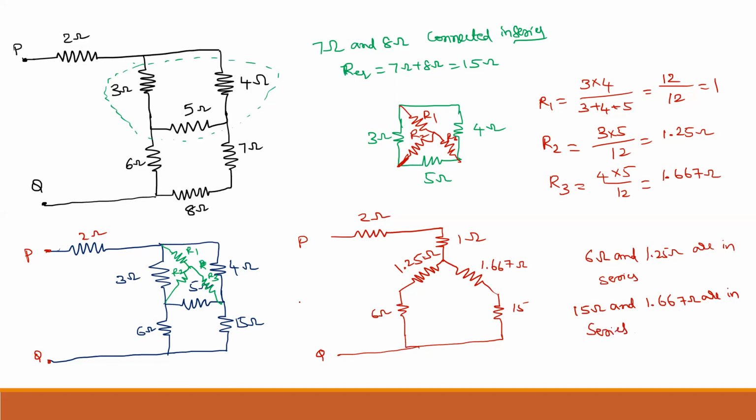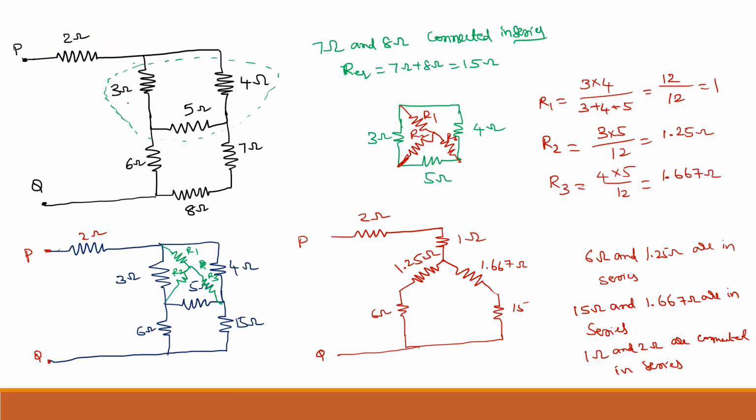Also 1 ohm and 2 ohm are connected in series. So in one step you can complete all: 2 ohm and 1 ohm in series, 6 and 1.25 in series, 15 and 1.667 in series.